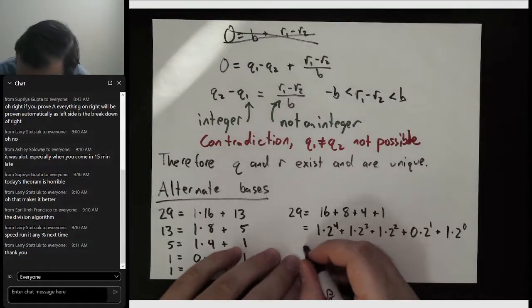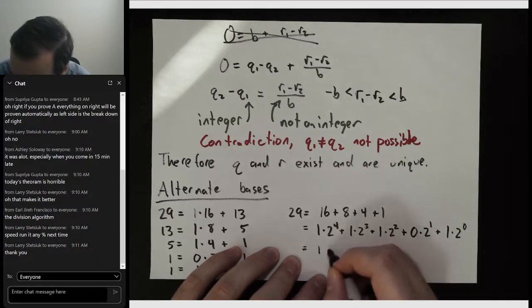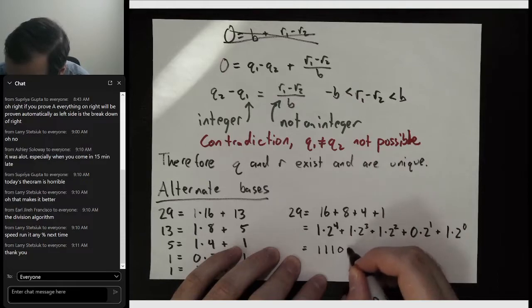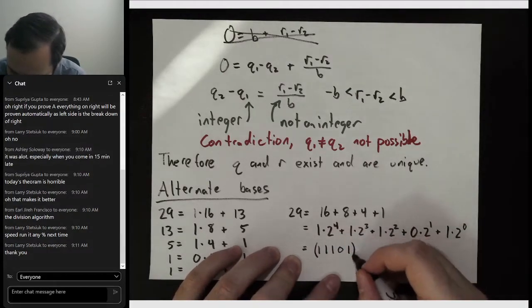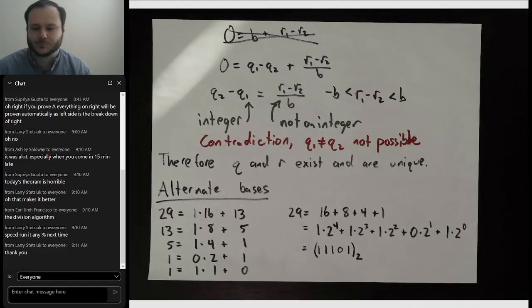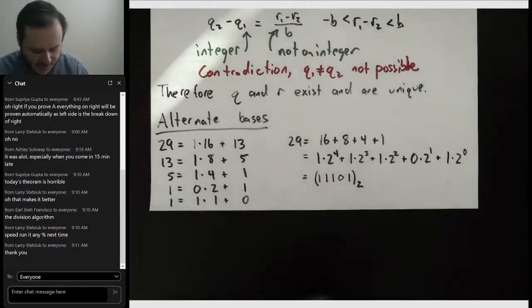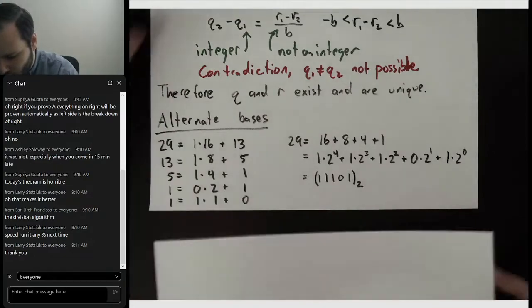Or, if I just record all of these digits, 1, 1, 1, 0, 1, in base 2. This was an introduction, but let me actually talk about what I mean now.